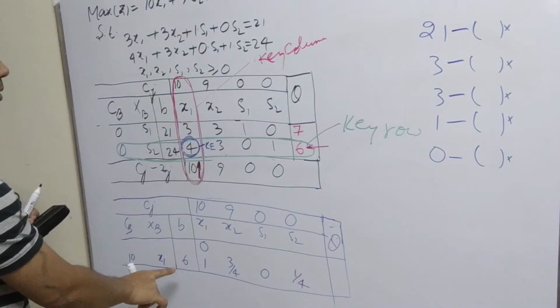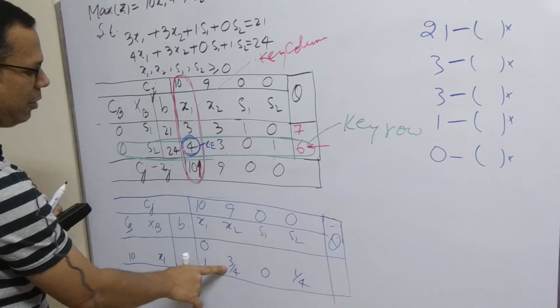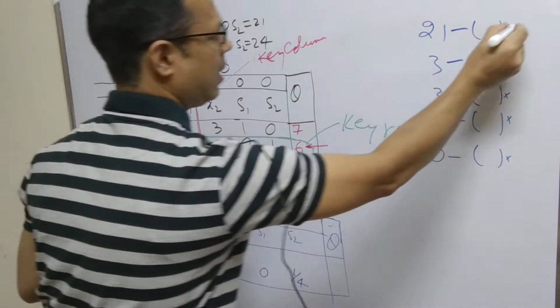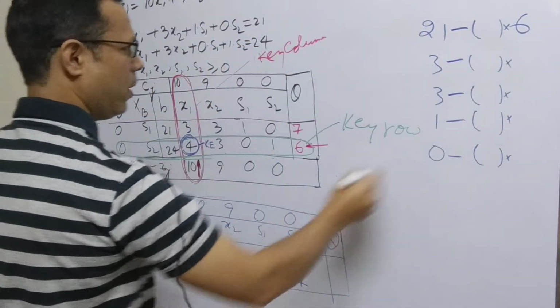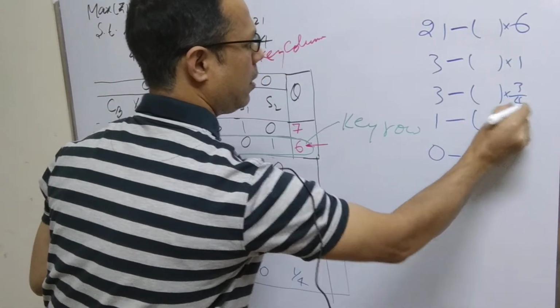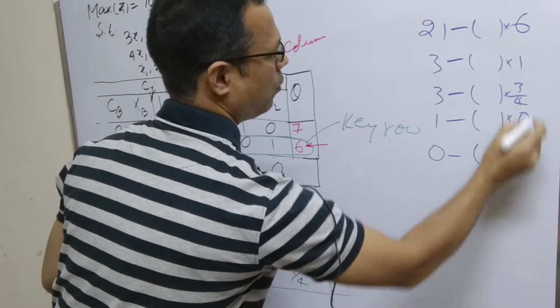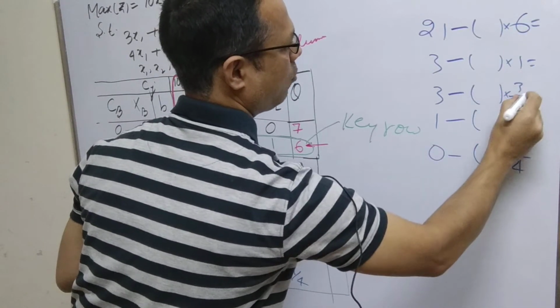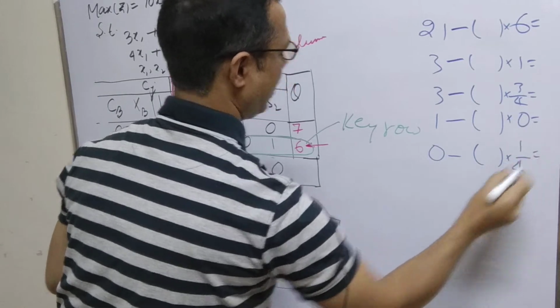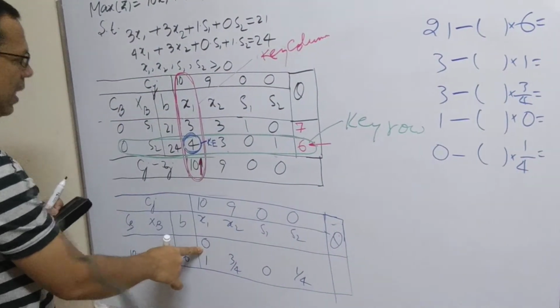So what are the new table values? In respect of 21, this is the 6, 1, 3 by 4, 0, 1 by 4. Just write here 6, then 1, then 3 by 4, then 0, then 1 by 4. Just calculate and see what the result is. Where are we going to make zeros, at which position?